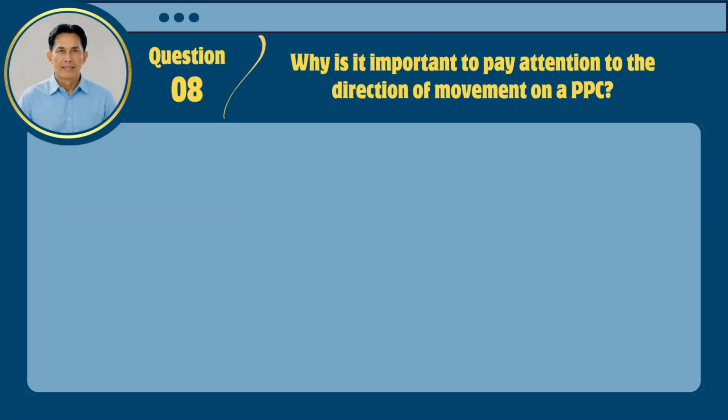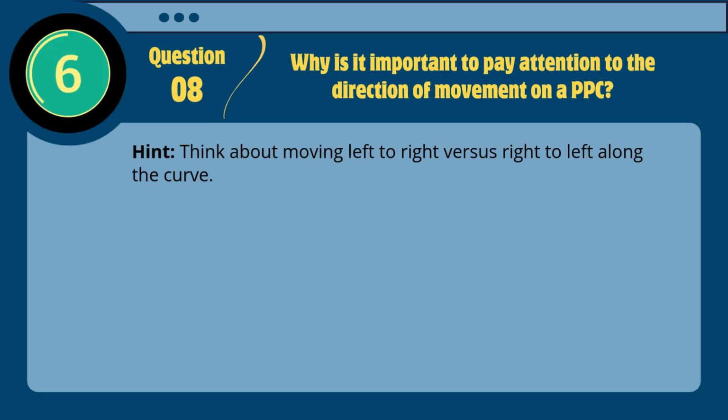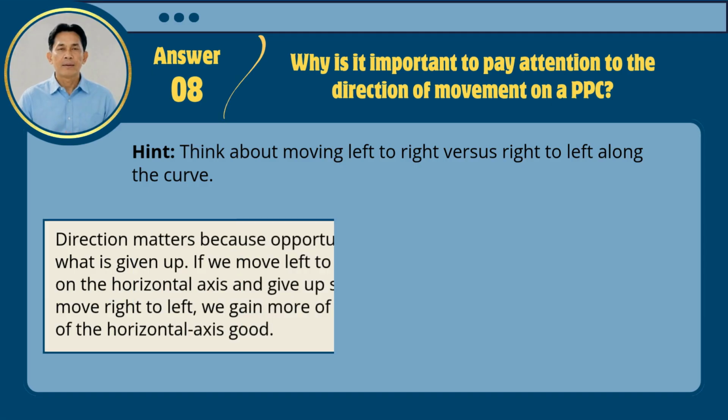Question number 8. Why is it important to pay attention to the direction of movement on a PPC? Here's your hint. Think about moving left to right versus right to left along the curve. Here's a sample answer.